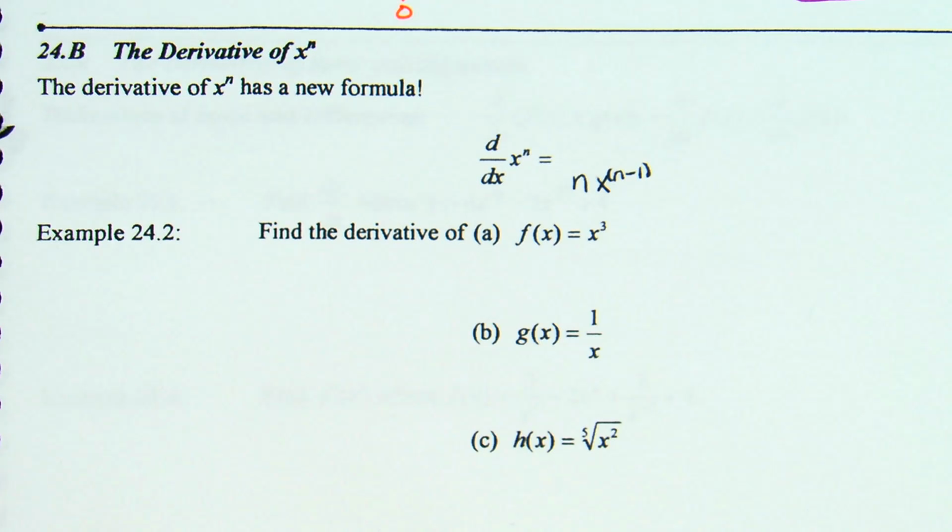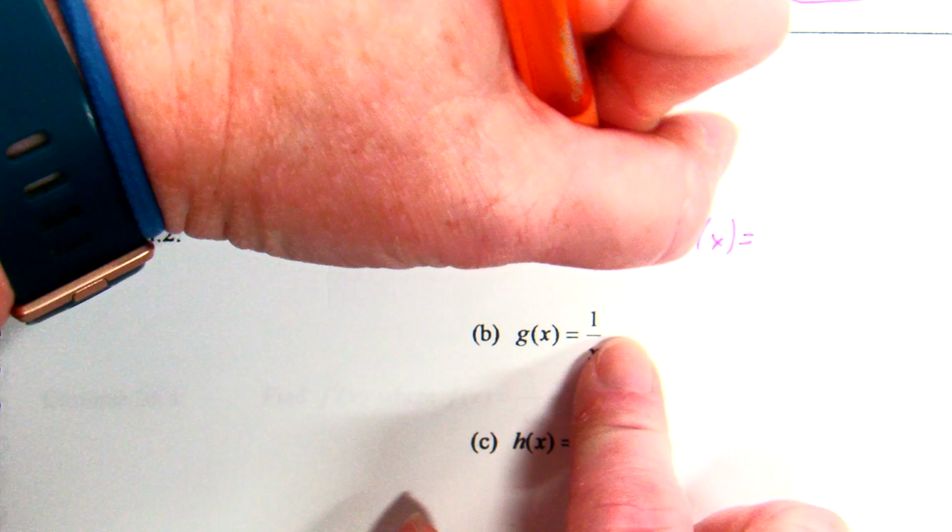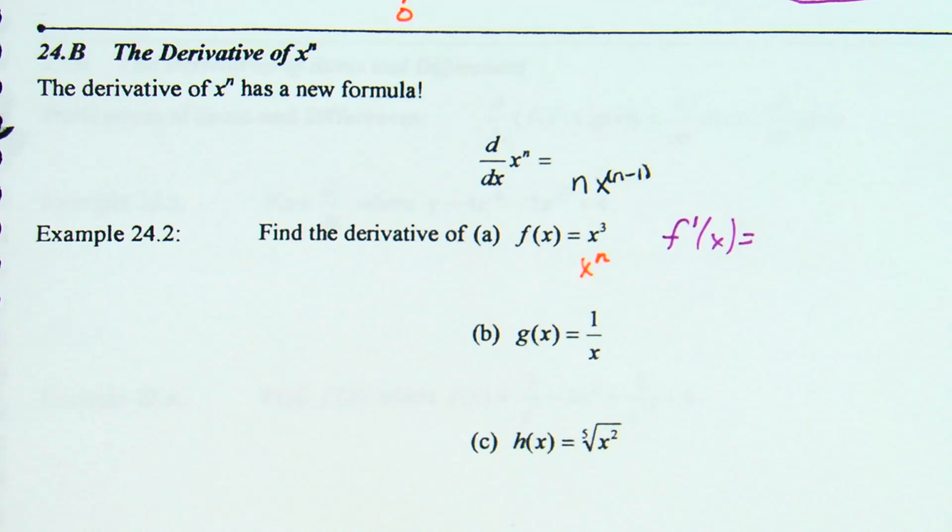Okay? So, A, find the derivative of f of x equals x to the third. So first of all, my notation, I'm going to say f prime of x. Okay, so if we think of this as x to the n, that means my n value was 3.